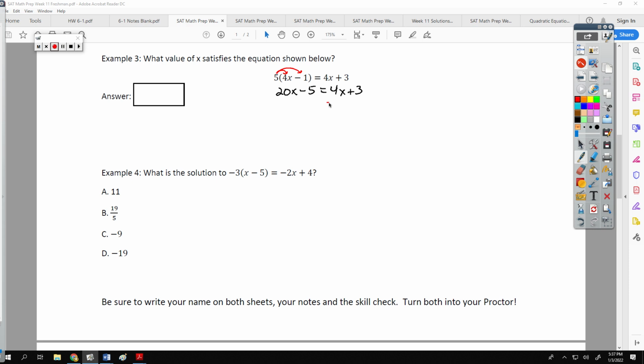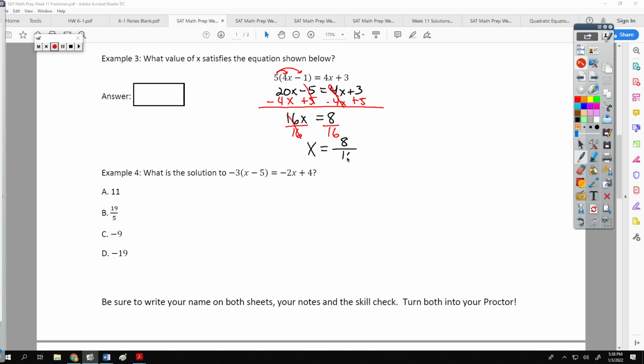Now we're going to isolate the variable by subtracting 4x from each side and add 5 to each side. That will get the x alone on one side and the number alone on one side. So 16x equals 8. And then we will divide by 16, which gives us x equals 8 divided by 16.